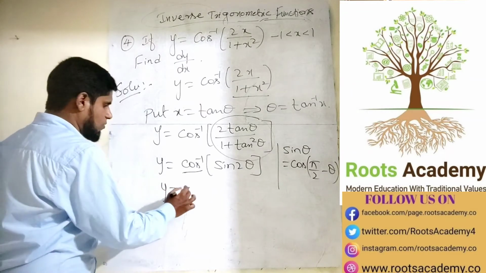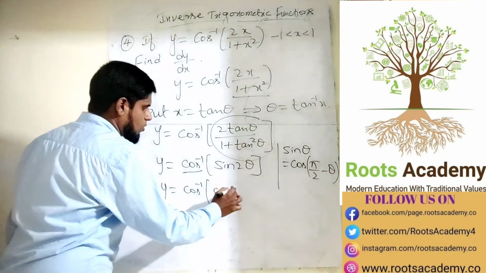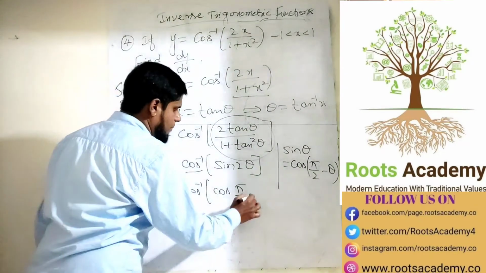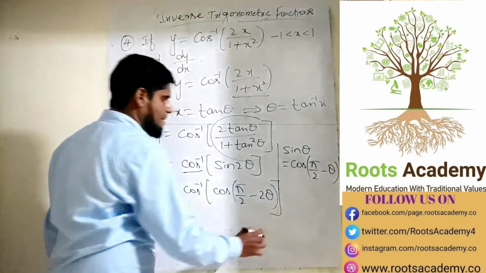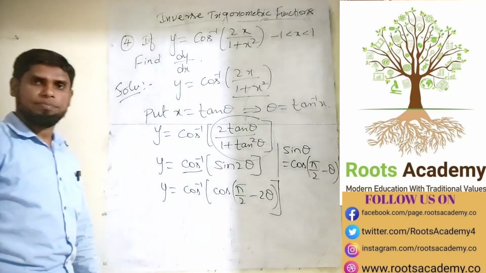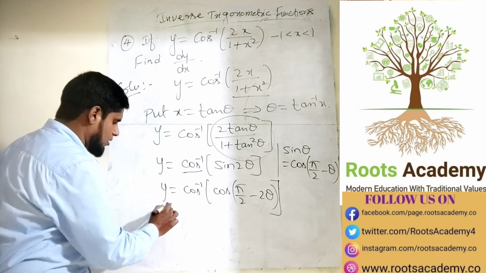So y is equal to cos inverse of cos of (pi by 2 minus 2 theta). So cos inverse and cos get cancelled.